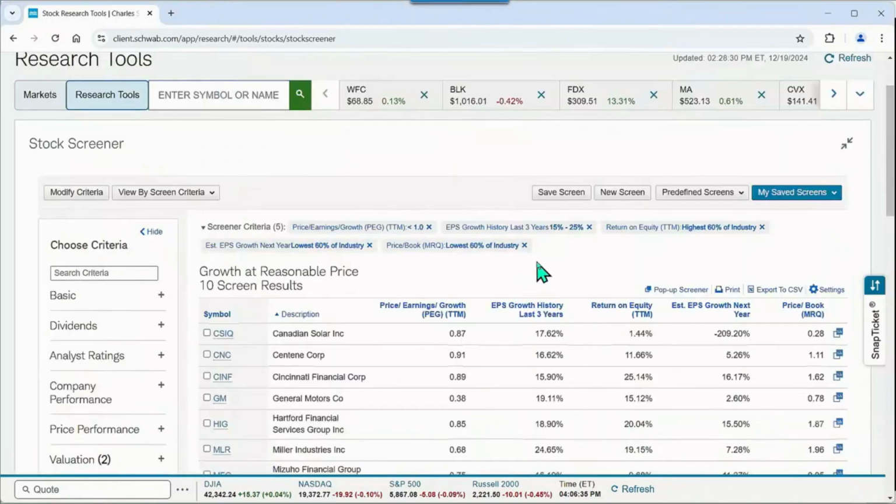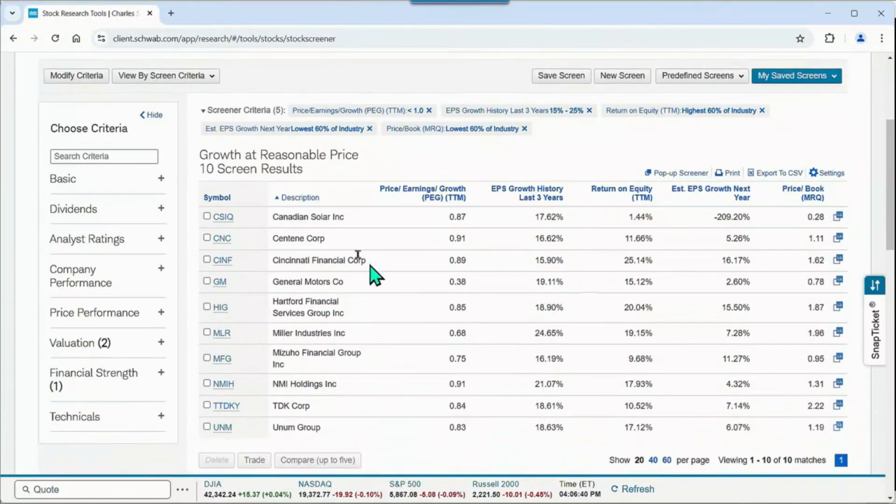Now, maybe you like the results, maybe you don't, but what it does is it gives you the results and it gives you some relevant data. Some of the stuff that this is looking for, for example, is a price to earnings to growth ratio. Do you guys know what that is? I know a lot of you are comfortable or familiar with a PE ratio. And sometimes you get higher PE ratios and sometimes you get lower PE ratios.